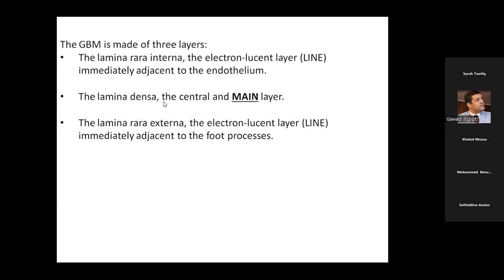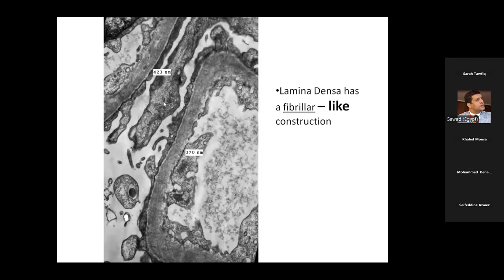The main layer is the lamina densa, and the outer line, again a line, is the lamina rara externa. The lamina densa is a fibrillar-like construction, and if any of you is a nephropathologist examining cases with the electron microscope, please don't confuse this with the lamellation of Alport syndrome.